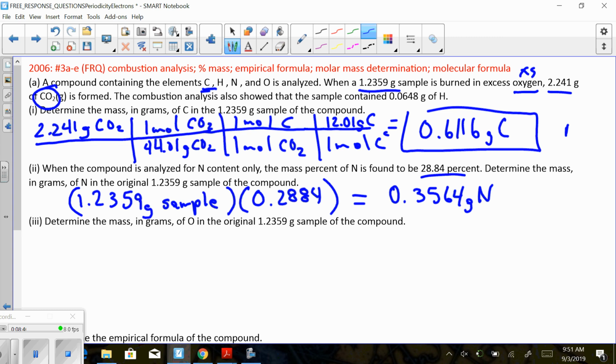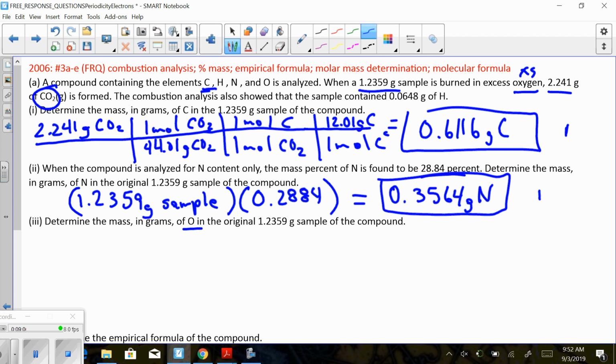Okay, so now we know the grams of carbon, the grams of hydrogen. This was also just worth 1 point. Determine the mass of grams of oxygen in the sample. And so, I'm not sure. It says we have excess oxygen, but I know that I have the mass of carbon in my sample.